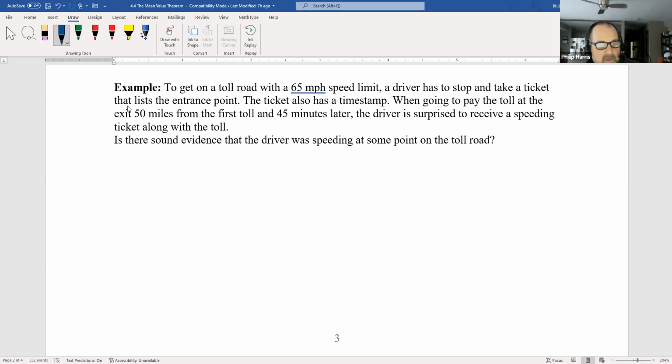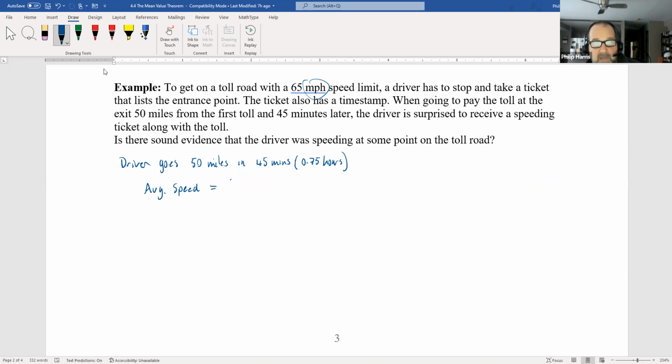So we know that the driver goes 50 miles in 45 minutes. So we can quite happily compute an average speed. Notice that 45 minutes is actually 0.75 hours. Since our speed limit is in miles per hour, we need our average speed in miles per hour.